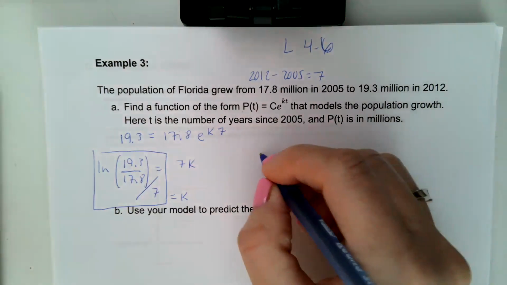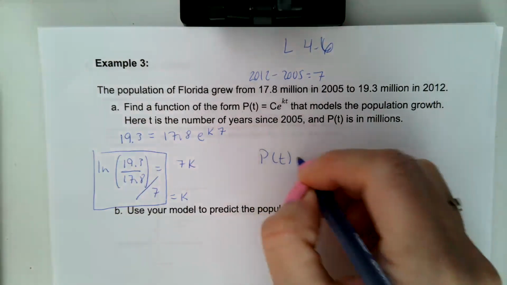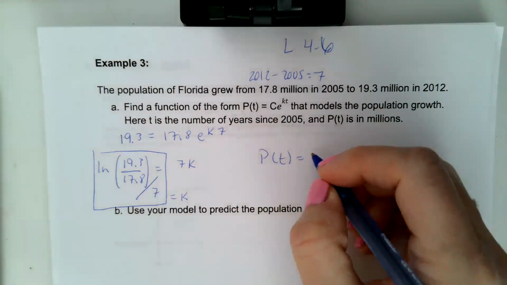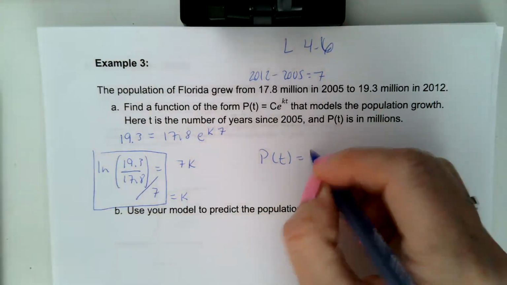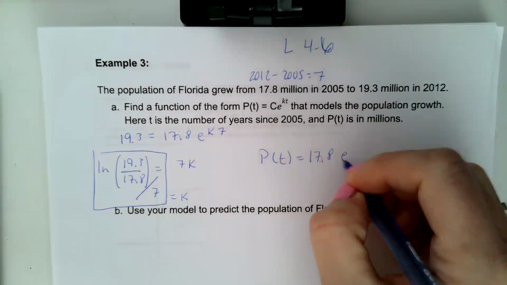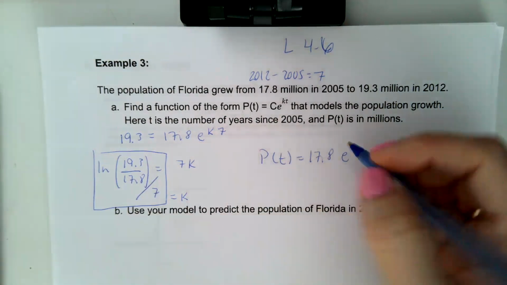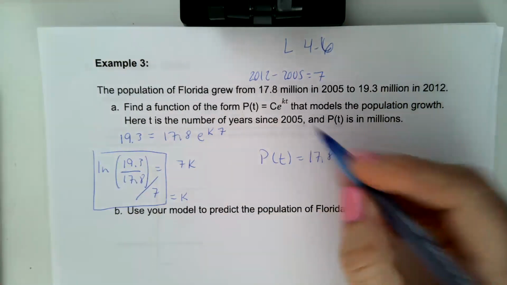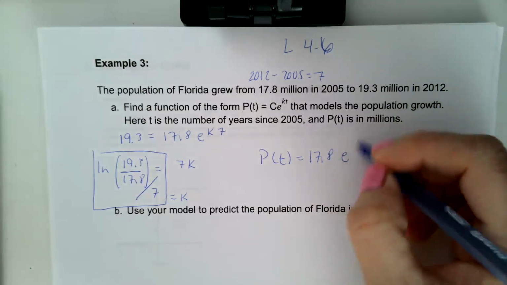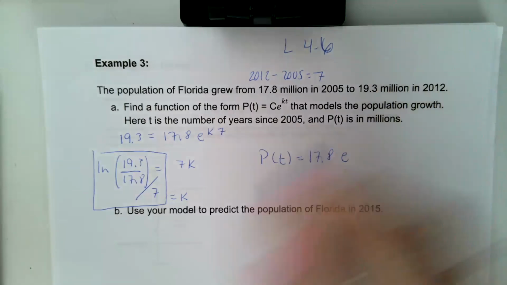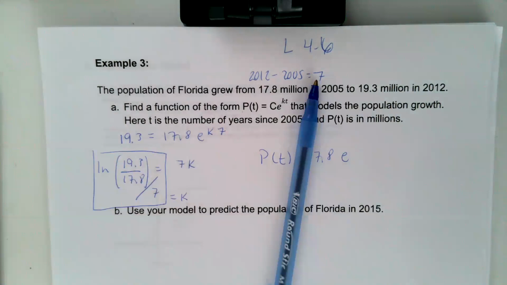And so our model is going to be P of T equals 17.8, because that's our starting value, times e raised to k t. And then when we put this in Desmos, we can find out what k equals. So I'm going to show you that here in Desmos.